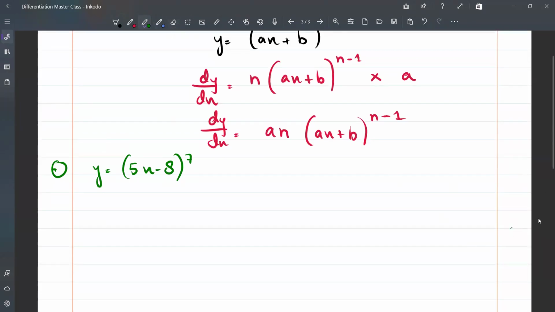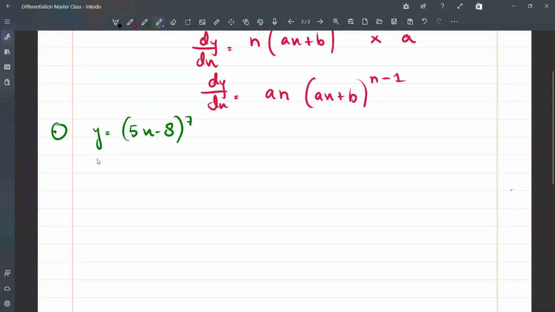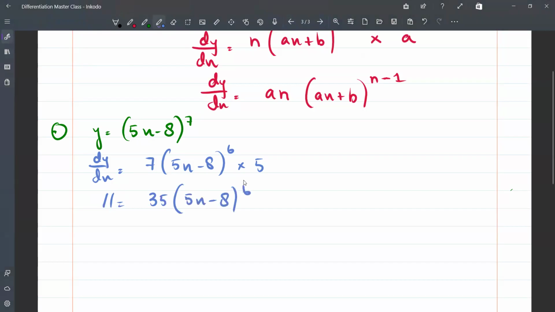All right, so the differential would be 7 times (5x minus 8) power 7 minus 1, that is 6, into the differential of the bracket, which is 5. All right, so 5 sevens are 35 times (5x minus 8) power 6. This is our final answer.